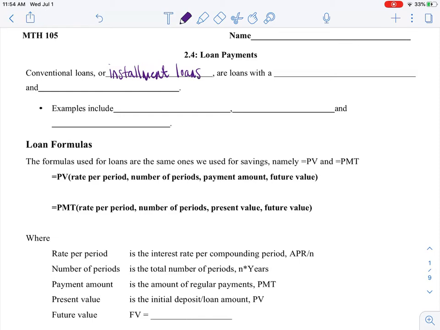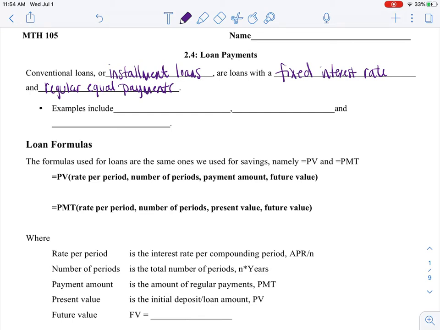These are loans with a fixed interest rate, and they have regular, equal payments. So these are different than, say, a credit card, because your credit card depends on how much you spend.